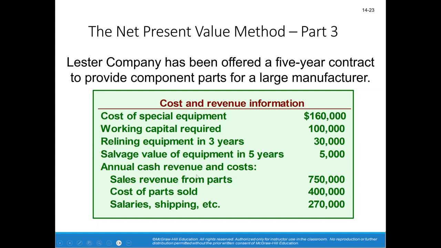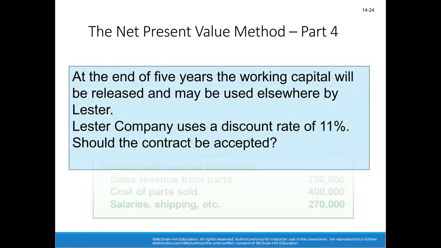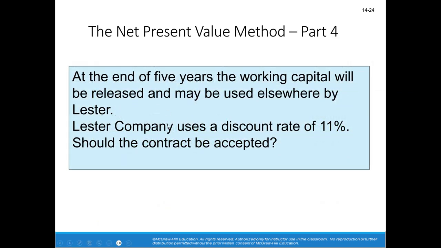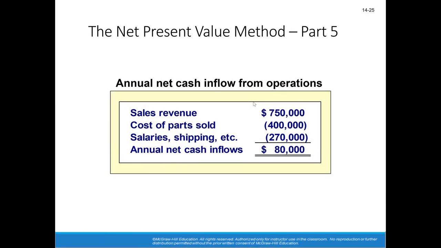Annual cash revenue and cost: sales revenue from parts is 750, cost of parts is 400, salaries are 270. So that is 670,000, which leaves an $80,000 net cash flow after year one. And so we want an 11% return. So if we discounted that cash at 11%, what would the net present value be?